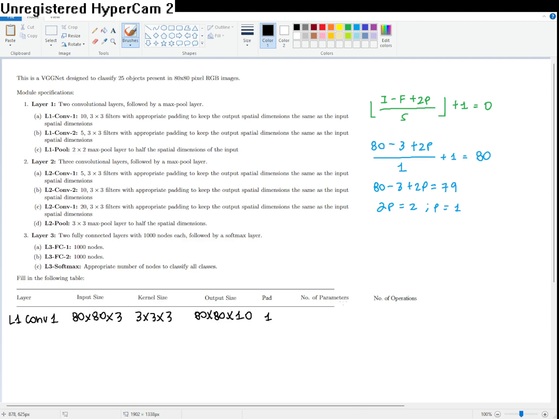And now for the number of parameters and number of operations. The number of parameters is going to equal our kernel size times our output depth.